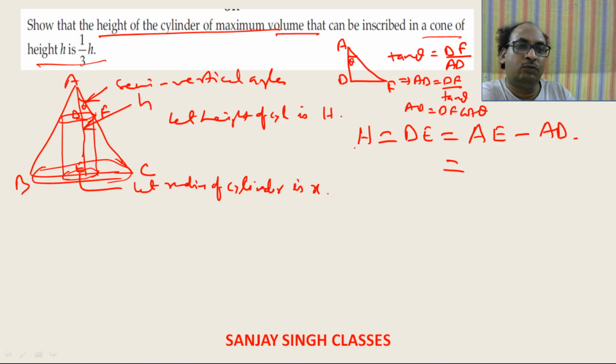Okay, AE is what? Height of the cone. So this h is the height of the cone. So AE is h, minus AD, which is DF cot theta, and DF is what? X only, the radius of the cylinder. So it is equal to x cot theta.